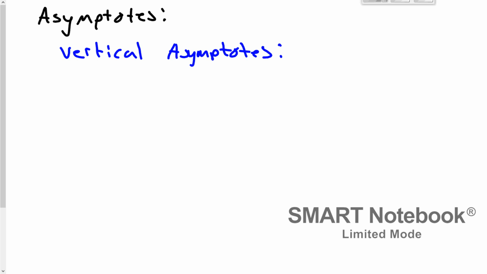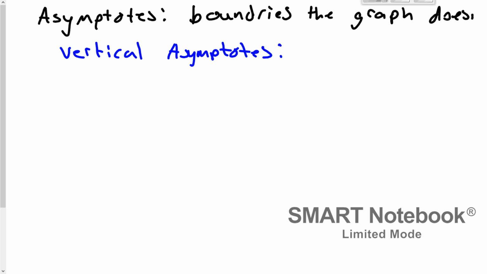Okay, so we're going to talk about asymptotes in section 5 of chapter 3. And asymptotes are basically boundaries that our graph cannot cross. So they're boundaries the graph doesn't cross.